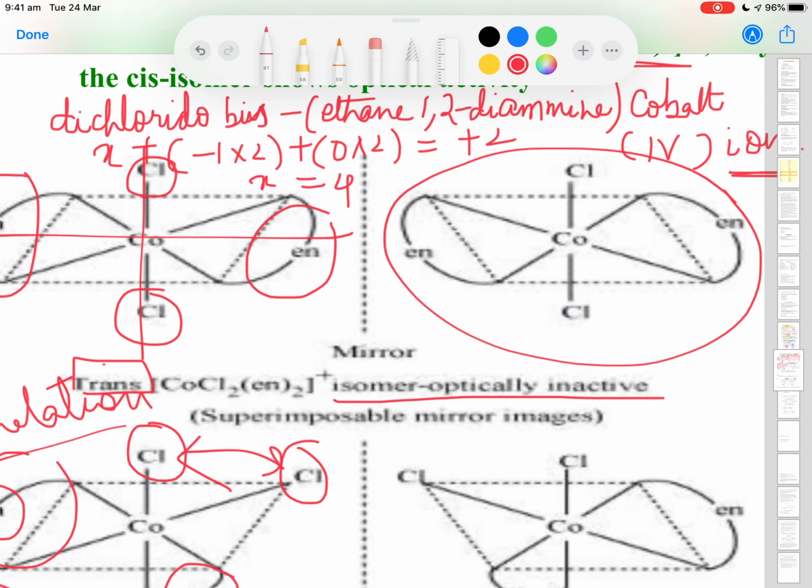Okay, so when I say trans will not exhibit any optical isomerism, why? Because they have superimposable mirror images. What do they have? They have superimposable mirror images, as I have shown over here. So remember this point, trans isomers are optically inactive. Okay, so to be mentioned.